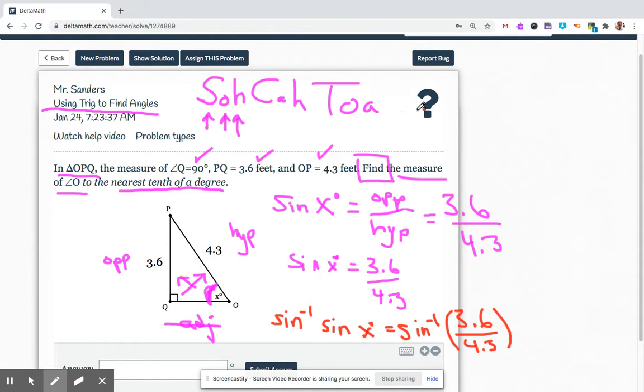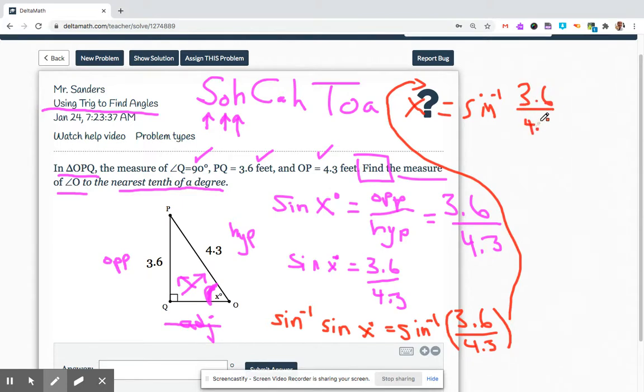So now we have x is equal to sine inverse of 3.6 divided by 4.3.